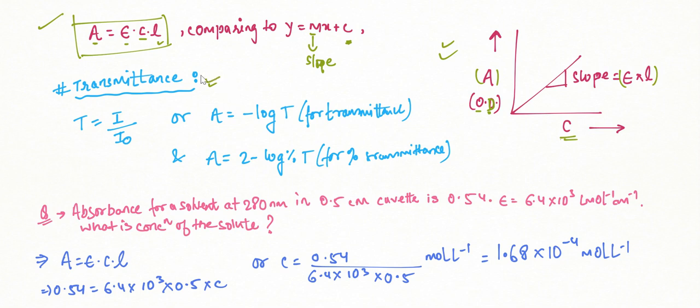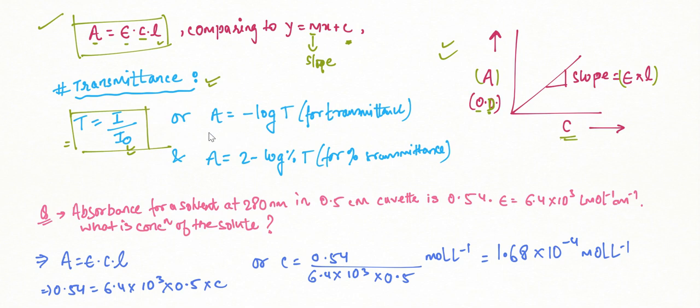So how much is transmitted, we can easily find out. The transmittance is actually the ratio of the transmitted intensity of light divided by the incident intensity of light. So this is one formula for calculating the transmittance.